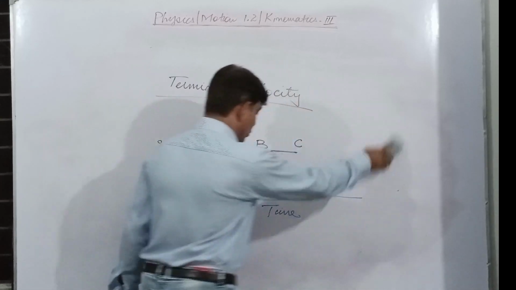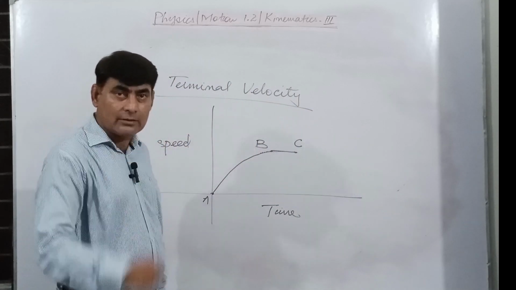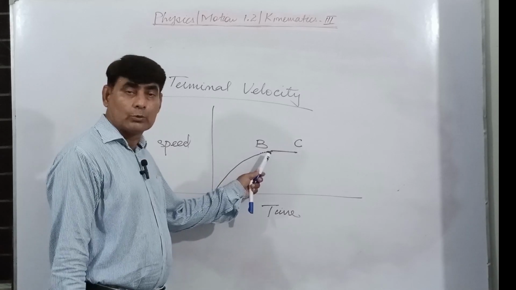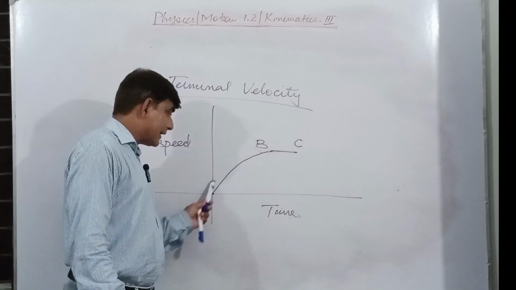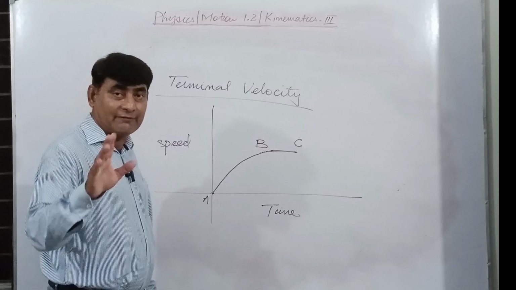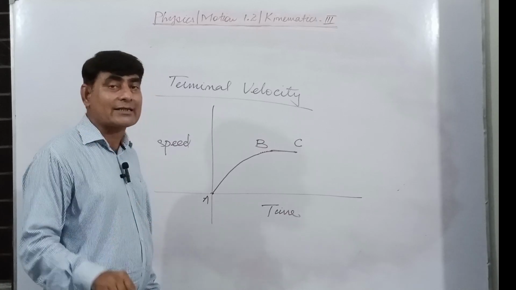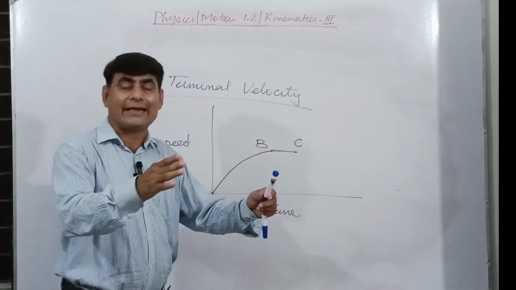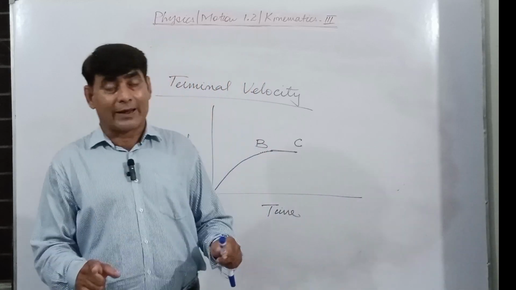From A to B, variable speed. It is going to be parallel to the x-axis. This is decreasing acceleration, so the gravitational field changes. Gravitational field remains the same, but the value of g changes due to the existence of air. When speed increases, air friction also increases.